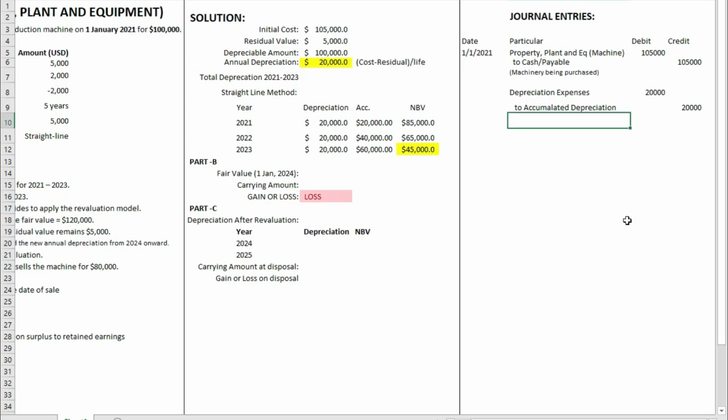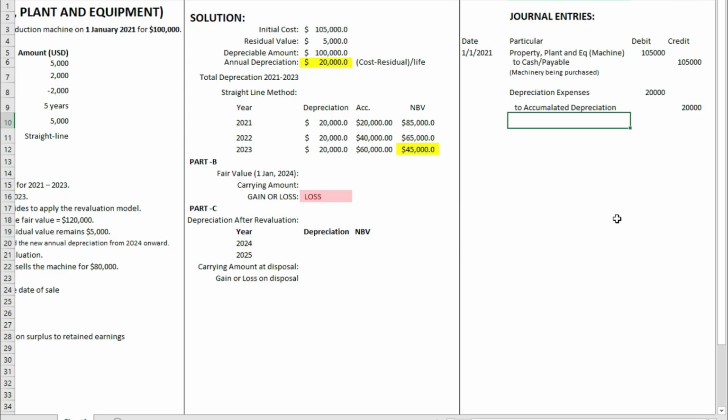This is because our depreciation would be counted for the recent year, which is 2021.